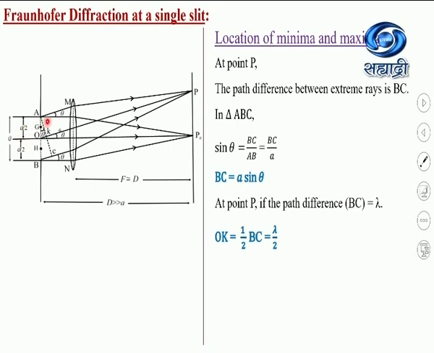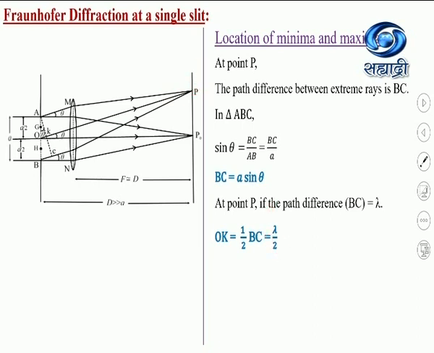And if we consider the waves originated from these 2 points, they will also have the path difference which is equal to lambda by 2 when they arrive at point P on the screen. Because OK is half of BC and BC is lambda, so the path difference between the rays OP and BP is also lambda by 2.